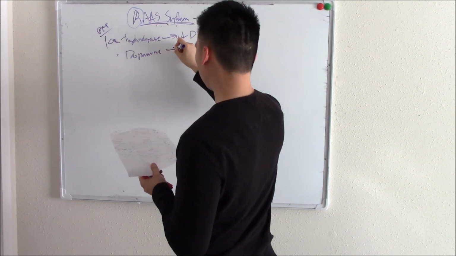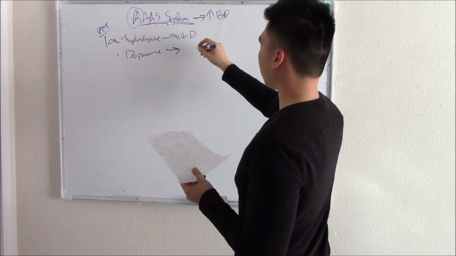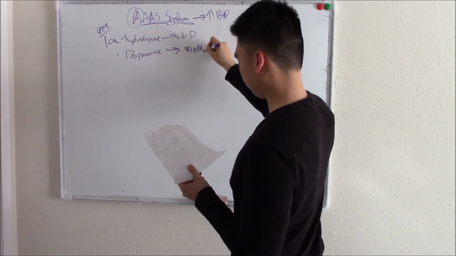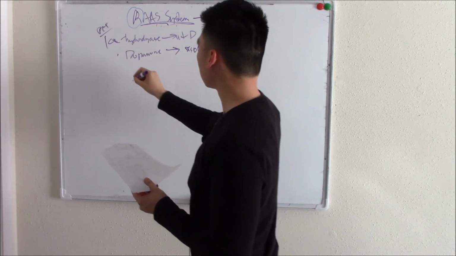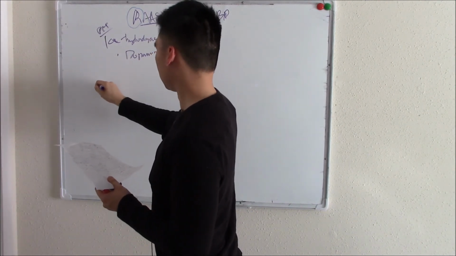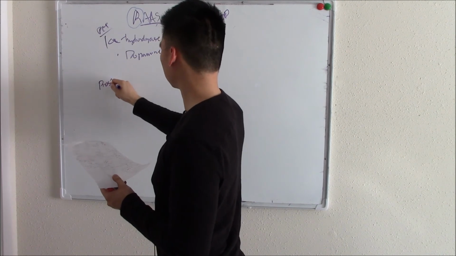Dopamine does a ton of things in a ton of different places, but here it can cause vasodilation. And then one we touched upon, not specific to your PCT, but all over your kidneys, is prostaglandins.